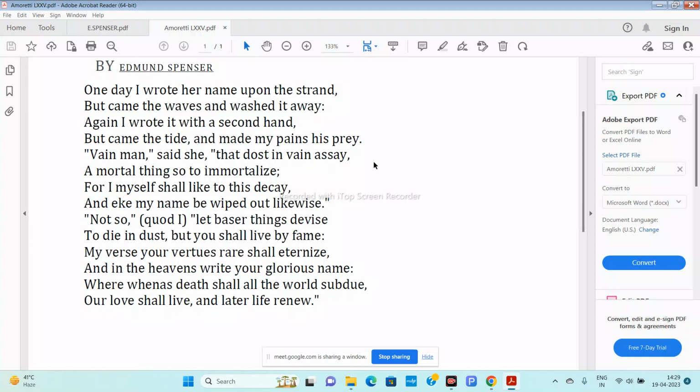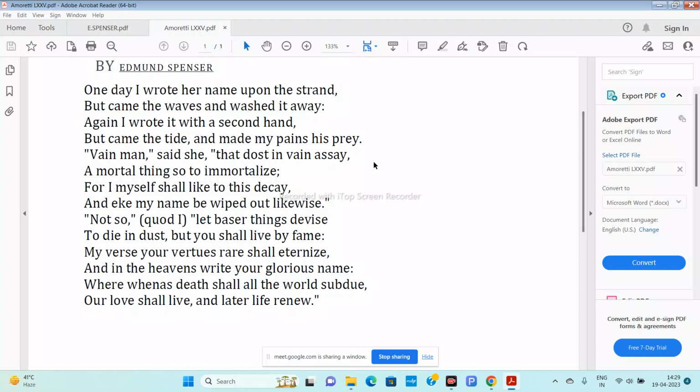They would be dead and gone. So death will come and all the world subdue. So death will have in its grip everything that is there in this world. So nothing is permanent in this world. Everything will pass away and be lost.